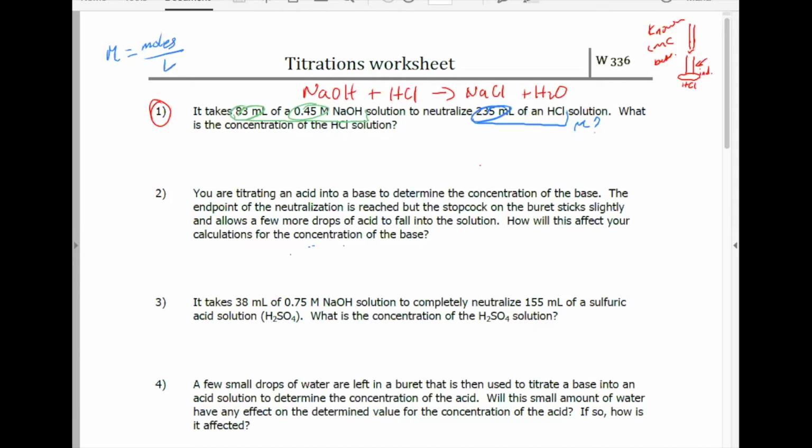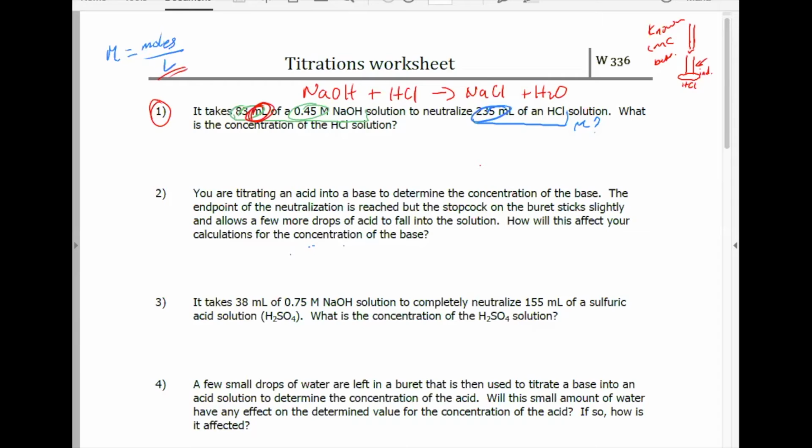Taking advantage of that, we are going to use the volume of the base and multiply times the molarity of the base to get the number of moles. Watch. First of all, we have mL, and we cannot use mL, so we have to convert to liters. Hopefully you know that by now, that we move the decimal point 3 times.